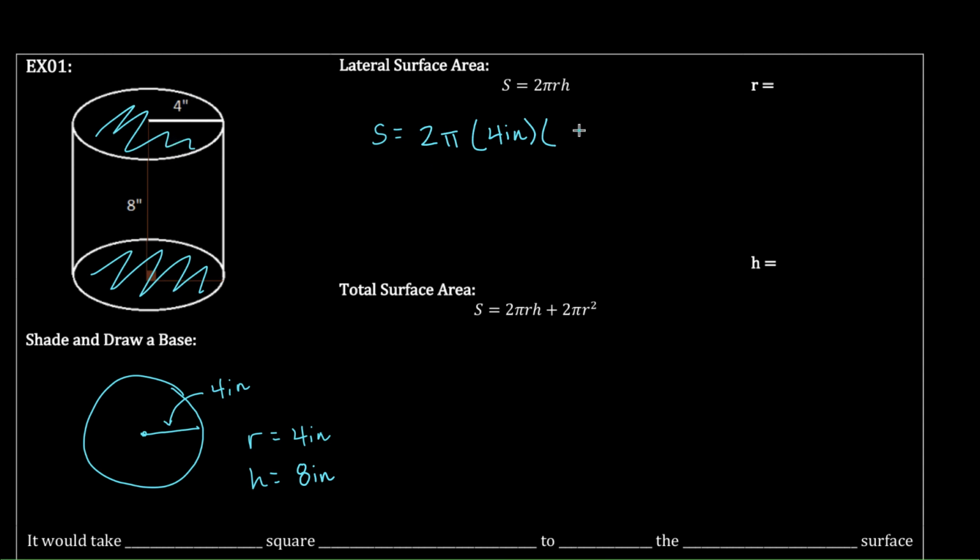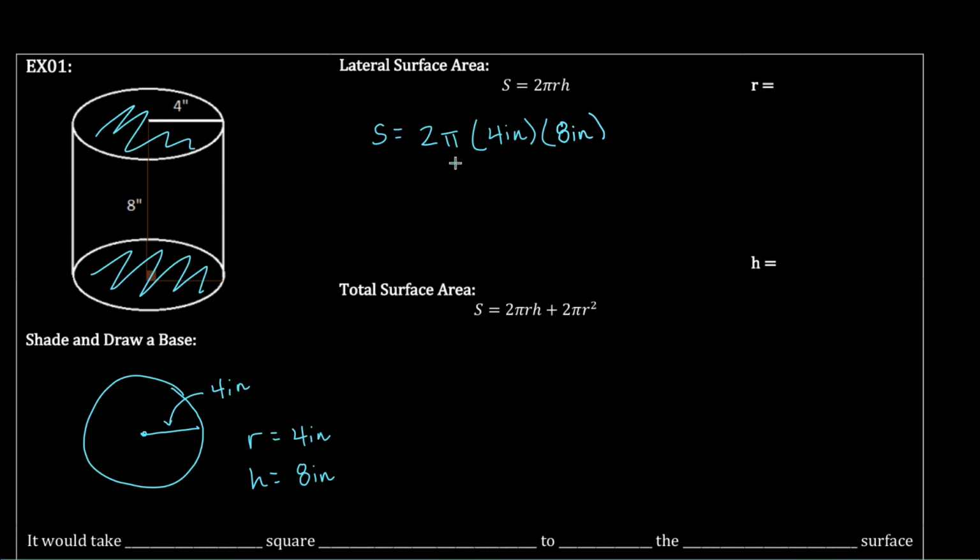So, and then we do 8. And then we can multiply with this straight up block of multiplication. It doesn't matter what order we multiply these in. So 2 times 4 is 8.